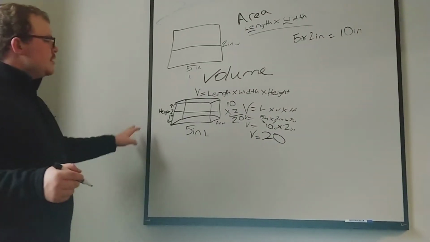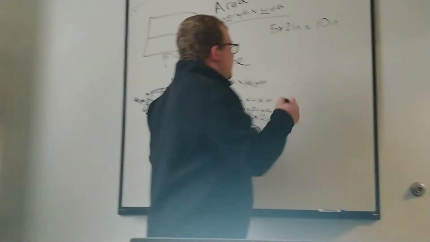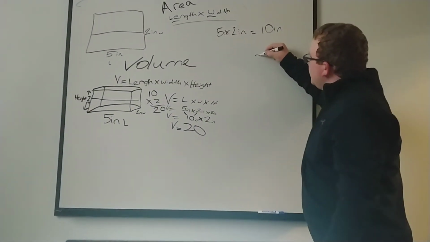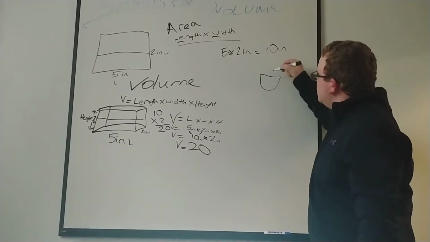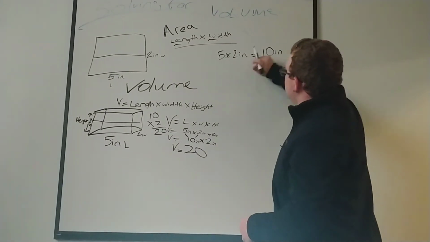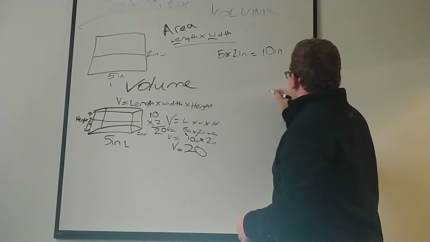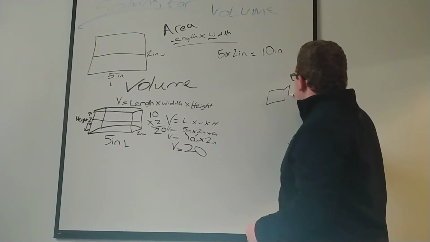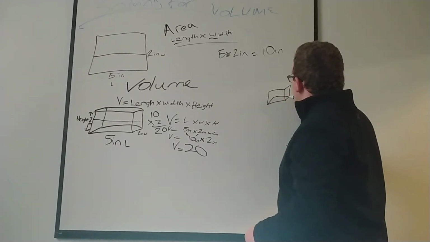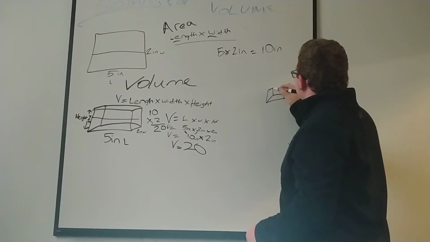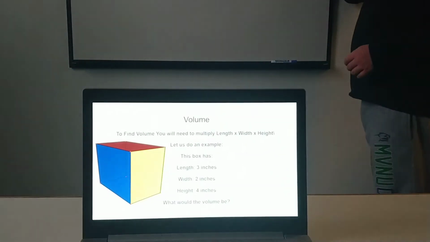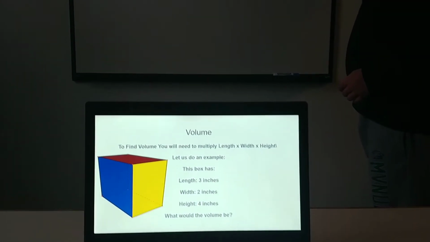Okay, well this is what our class is going to do today. We're going to use these small 3D blocks, our 3D squares, and we're going to stack them up, okay?